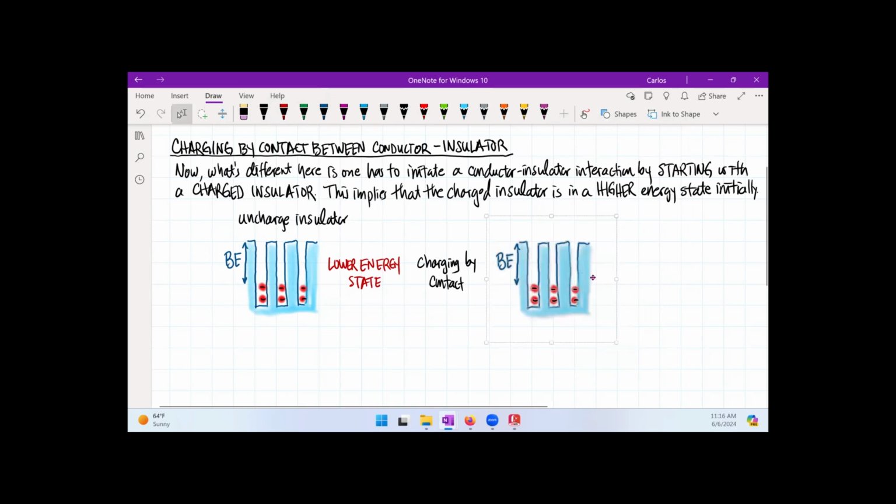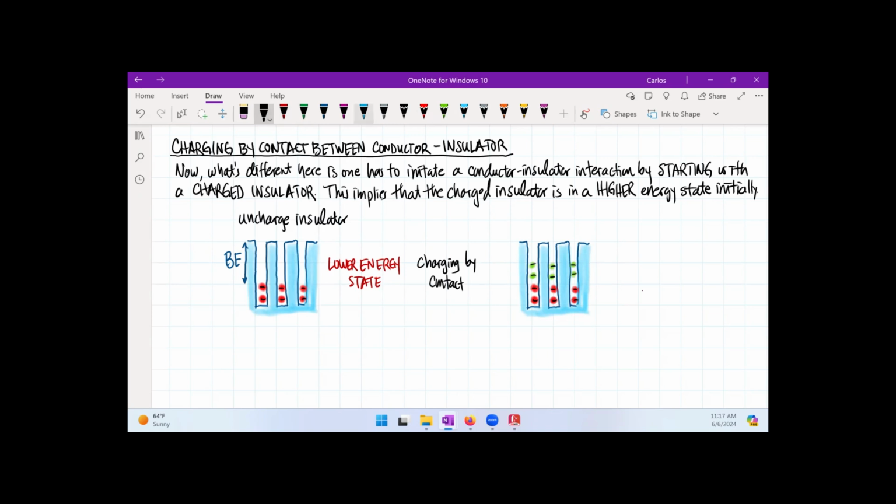What's happened now is that my binding energy for these electrons has changed, because I've transferred more of these weak electrons from the weak insulator.